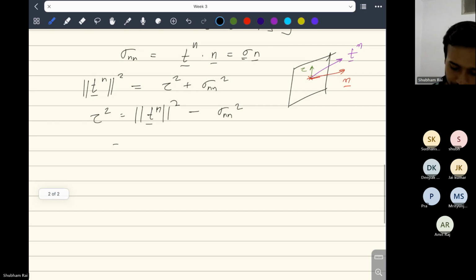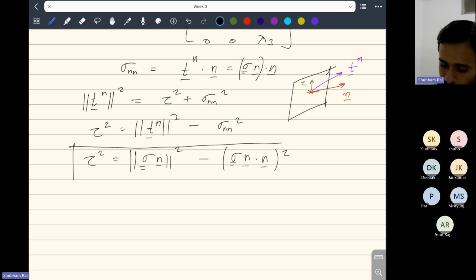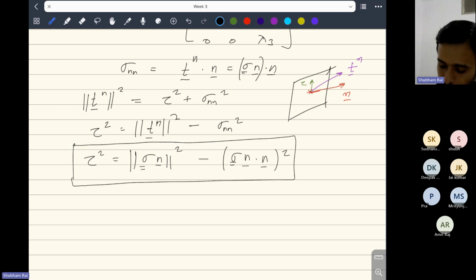The traction vector can be written as sigma n, and we take the magnitude of that, squared, minus sigma n, which can be written as n dot sigma n, squared. So finally, we get the magnitude of the shear stress on a plane having normal vector n.